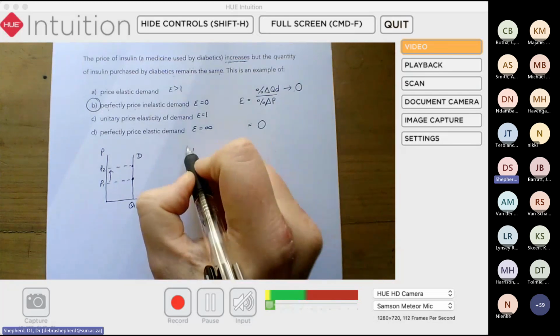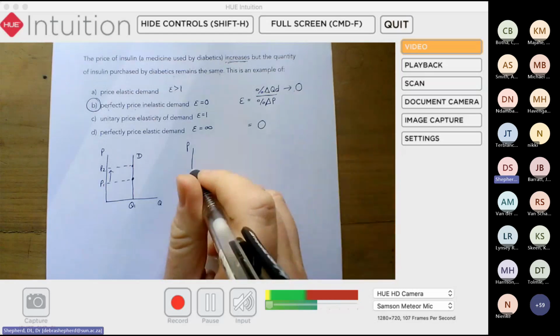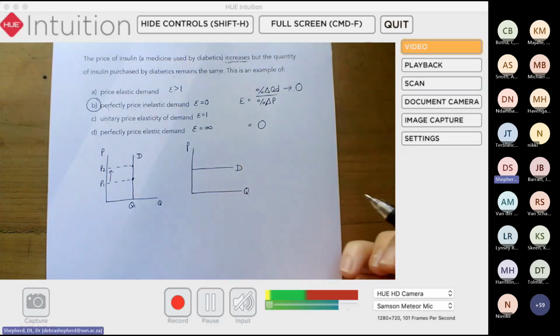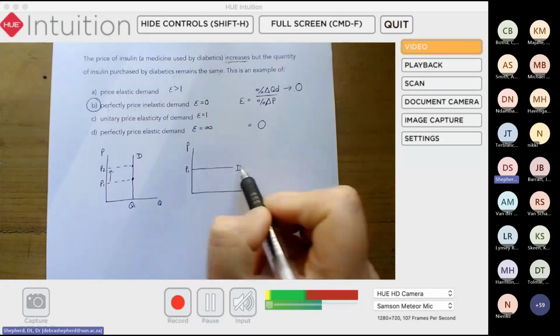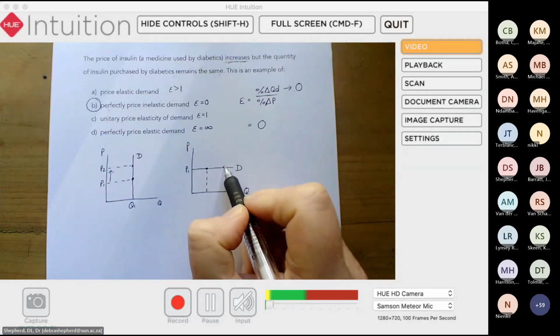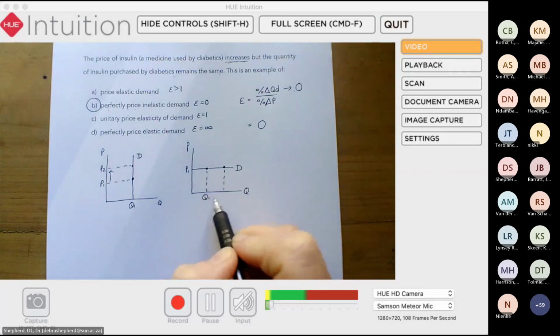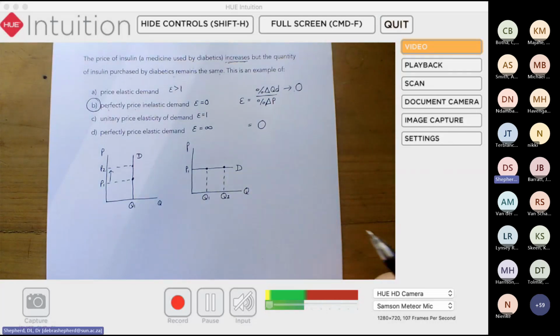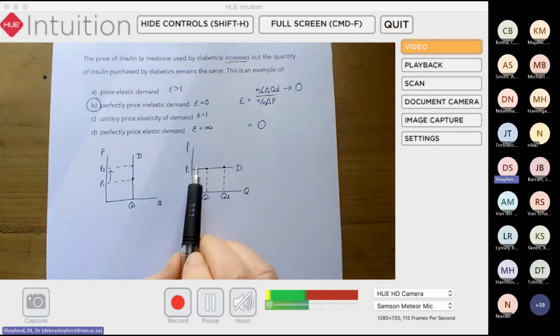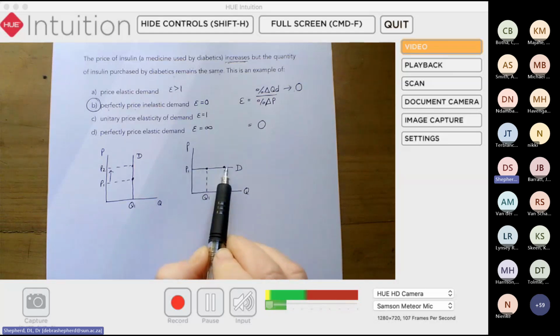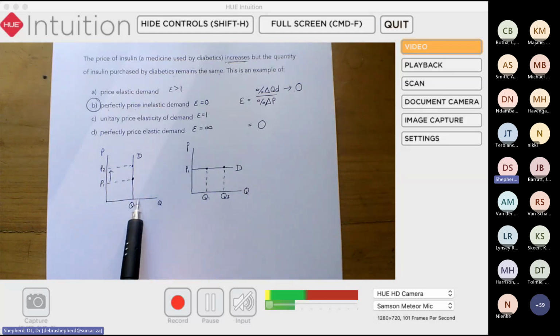This differs from perfectly elastic demand, which is how a perfectly competitive firm's demand curve looks, because what this tells us is that at this price 1, quantity 1 or quantity 2 could be purchased. So even if price remains the same, any quantity can be sold at that price. Here, it tells us that for this quantity, any price could be charged and this quantity would remain the same.